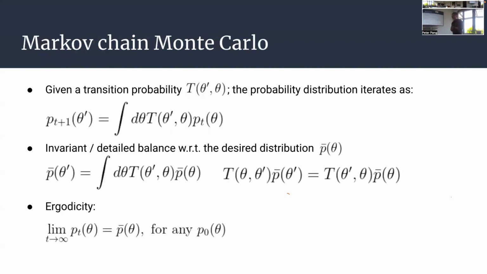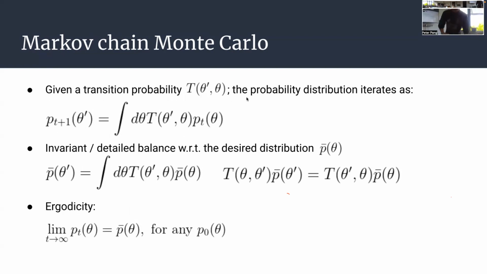So, Markov Chain Monte Carlo. The idea is just evolving your state. Given an iteration t, we have a distribution p_t of theta, and I want to iterate it to the next state, p_{t+1} of theta.